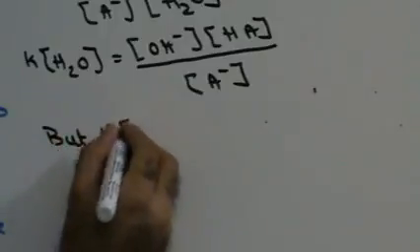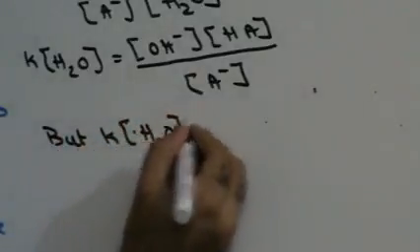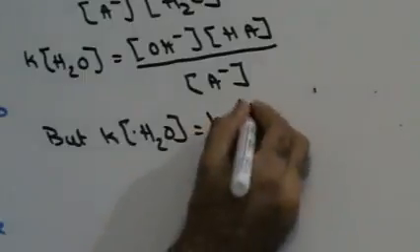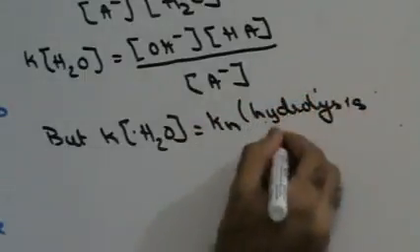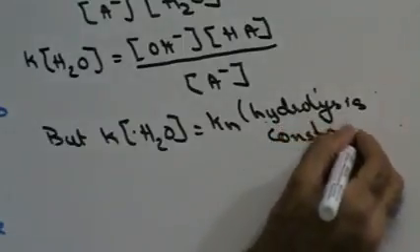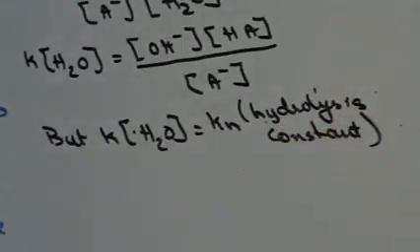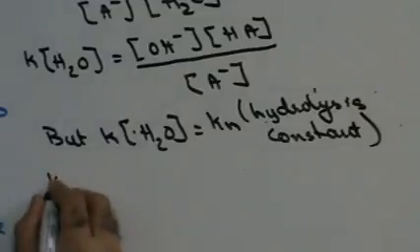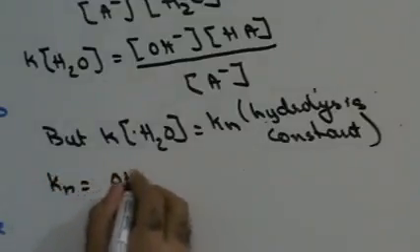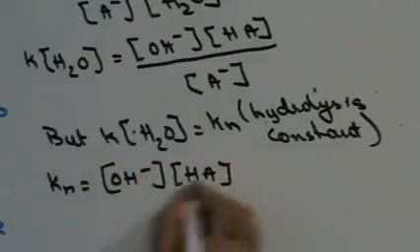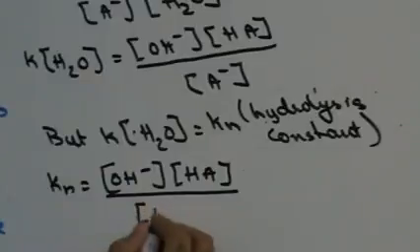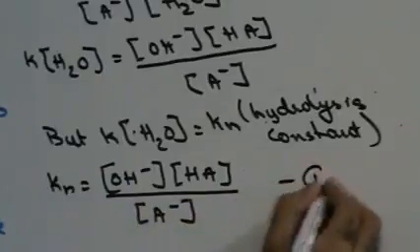K into active mass of H2O is nothing but KH, which is your hydrolysis constant. So you can say that KH is equal to OH negative into HA upon A negative. Call this equation 1.